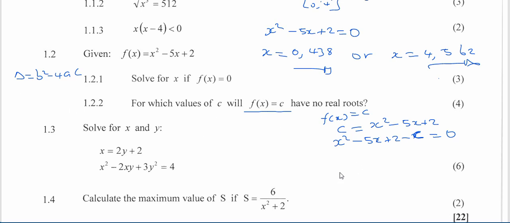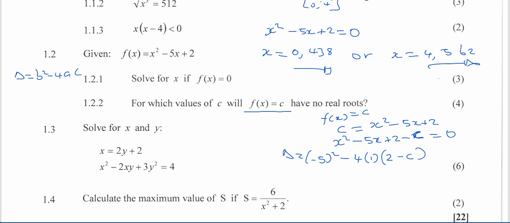Let's substitute: we're going to have our b, which is negative 5 squared, minus 4 times 1, also times 2 minus c.